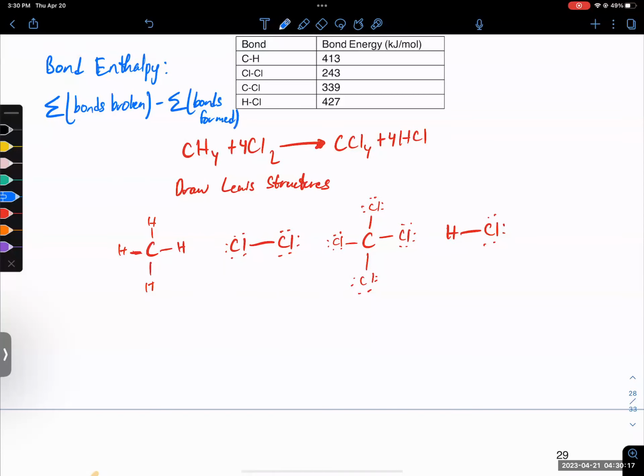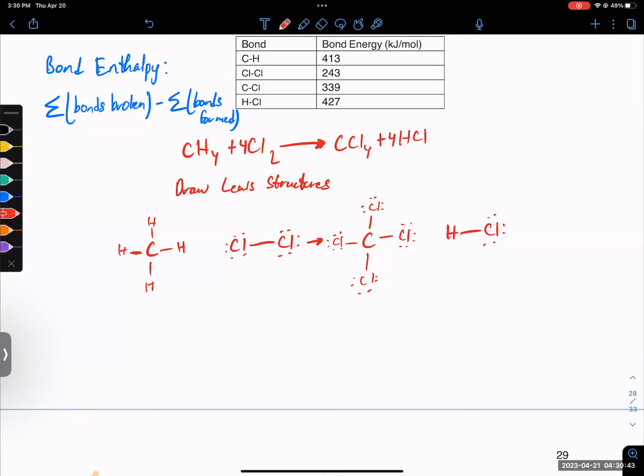So bonds broken minus bonds formed, or as you people like to call it, reactants minus products. Our bonds broken usually refers to our reactants, and our bonds formed usually refers to our products.